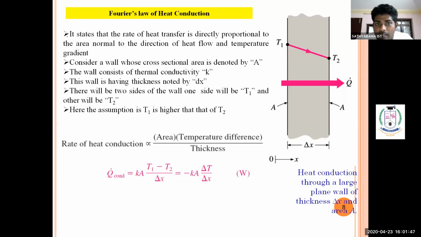Now by using Fourier law of conduction, how am I going to derive this for the plane wall?